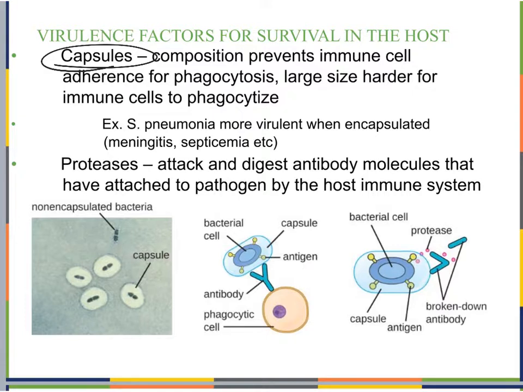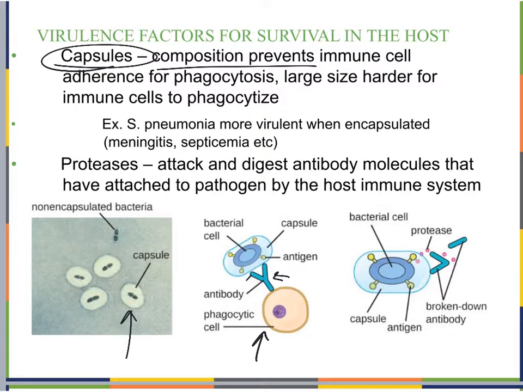But then also, as you can see in the picture here, you can see this big, thick capsule. That would make it more difficult for our body to get rid of or kill the bacteria because it has to work its way through the capsule. So its composition actually prevents our immune cells from grabbing onto it. You can see here in this middle image we have our phagocytic cell, and then we have the antibody.